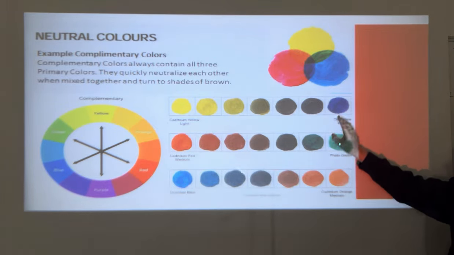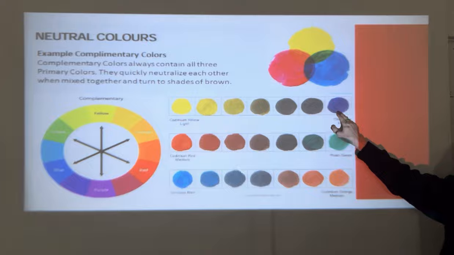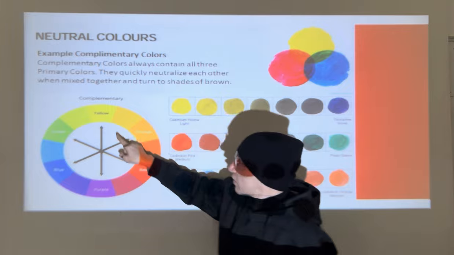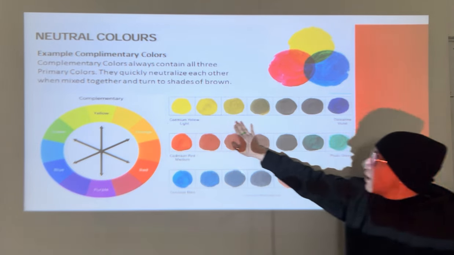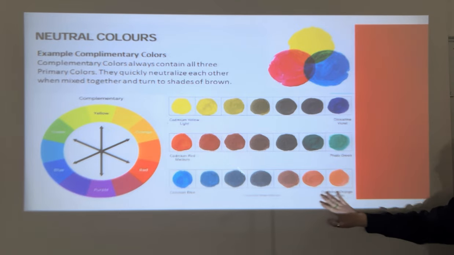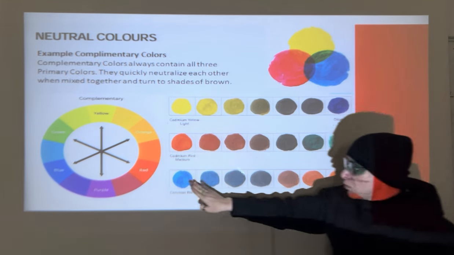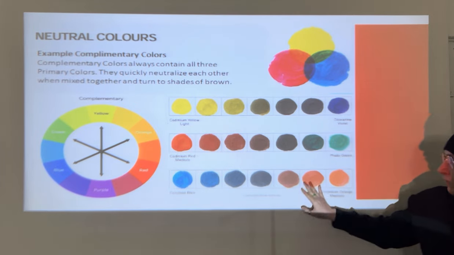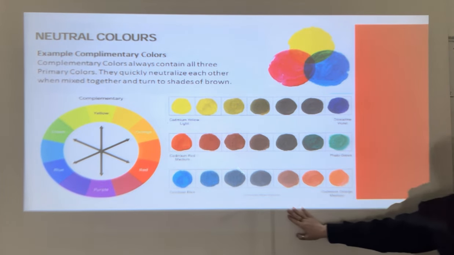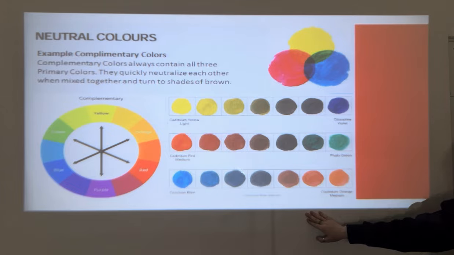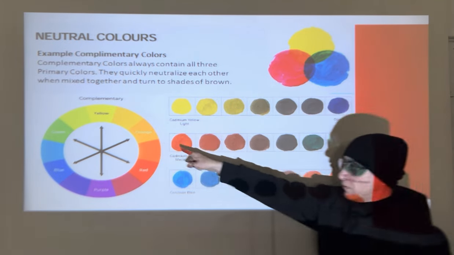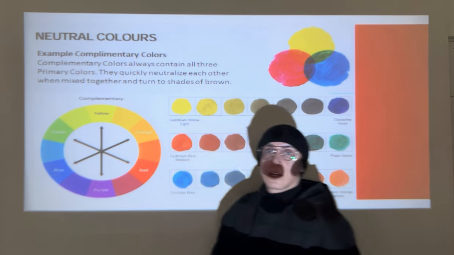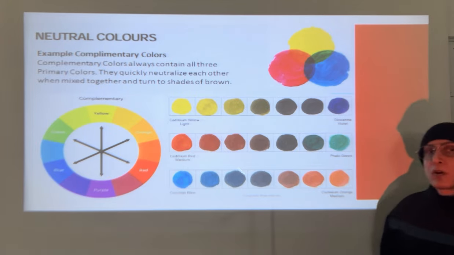Okay. By mixing purple with yellow. Where are yellow and purple? Okay, you create neutrals again. The same here, orange with blue. Blue, orange, okay? You create a set of neutrals that are calmer, less bright than the original colors, the hues, okay?